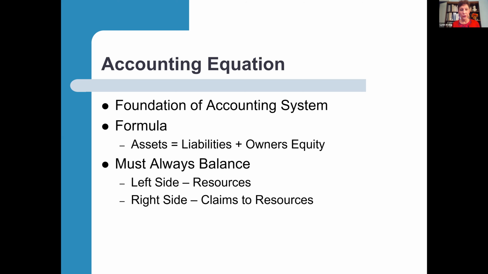Or you yourself could contribute the cash, or maybe you could get another investor or another owner to come in and fund that. So the resources, the assets that you have, come from either borrowing or from owner contributions. And that's all that is. It's just left and right. Resources are your assets. On the right side of that equation, on the right side of your balance sheet, it shows all those claims to those resources, whether banks have claims to them or whether you, the owner, have claims.